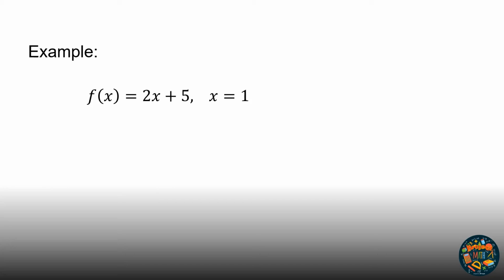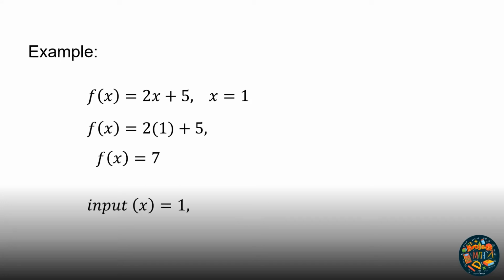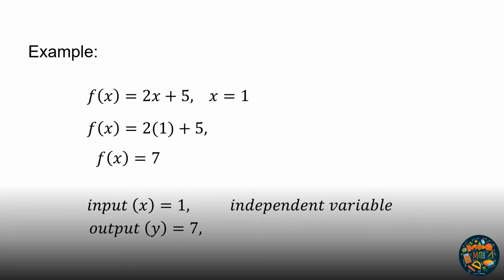Ang gagawin lang natin to find the output ay i-replace natin o isa-substitute natin yung 1 sa variable x. So, the result will be equivalent to 7, meaning that input x equals 1 is the independent variable and the output y, which is 7, is the dependent variable.